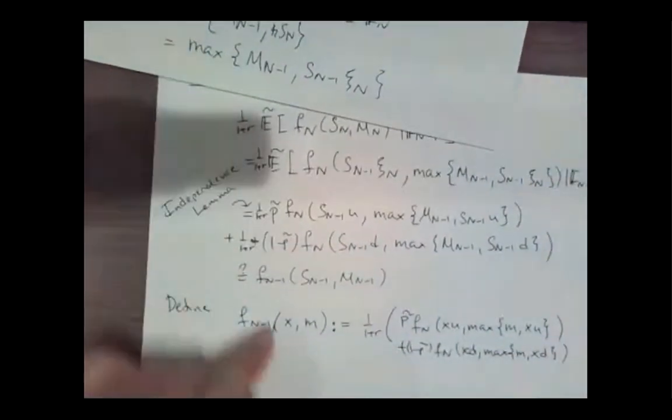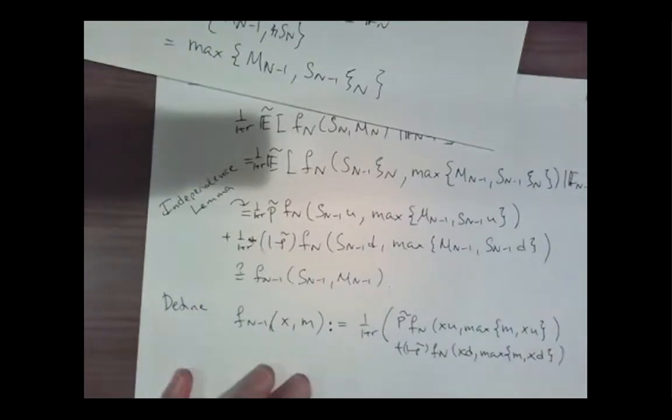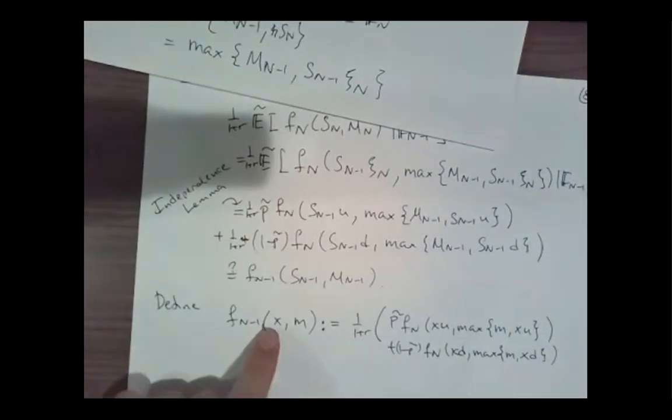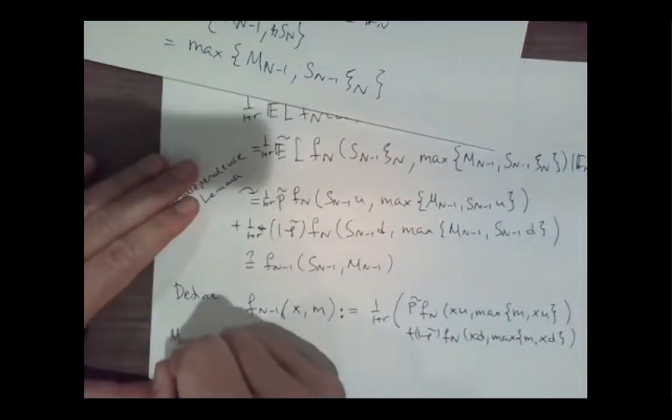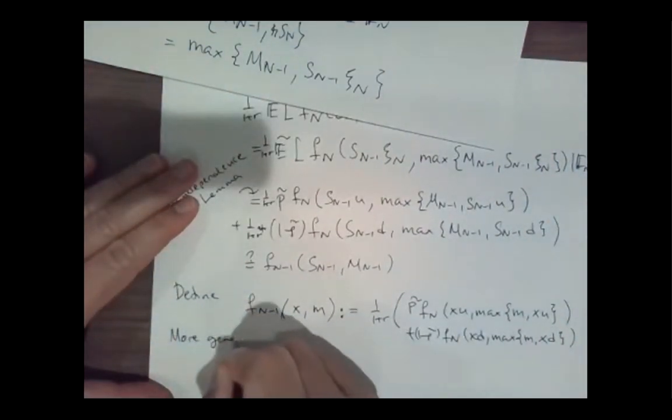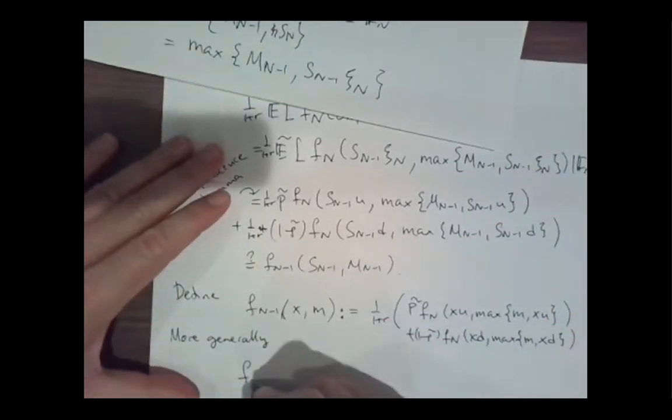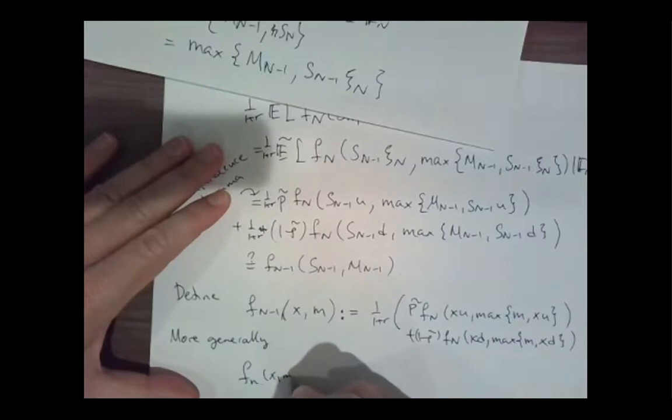We performed a conditional expectation calculation, and the functions get more and more messy, but now it's two-dimensional, so we have both x and m here. X is here, m is there, x is there. And of course, this carries over more generally. You'll get Fn of x, m.